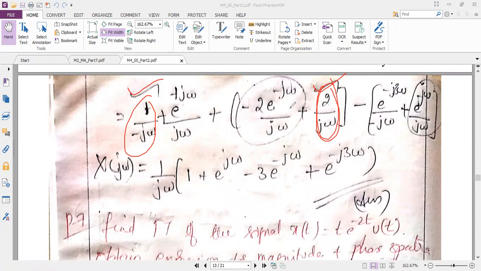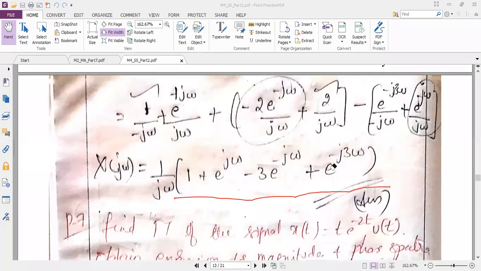Can you try by your own and check whether you are getting the displayed answer? So what have you done to get the displayed answer? See, as I said, the first term, did you do like that? 2 by j omega minus 1 by j omega.